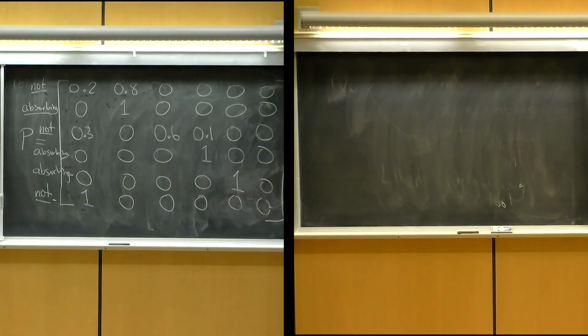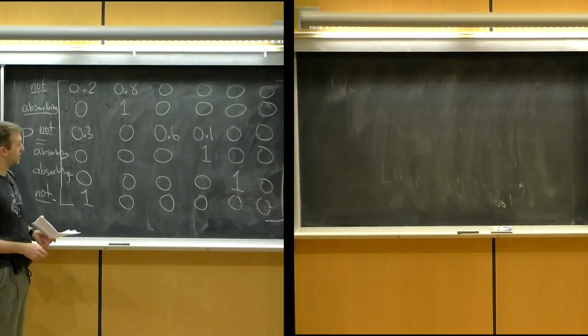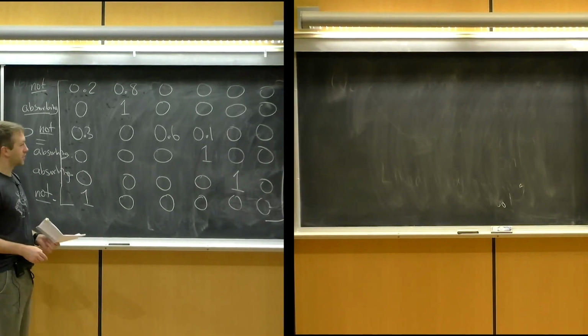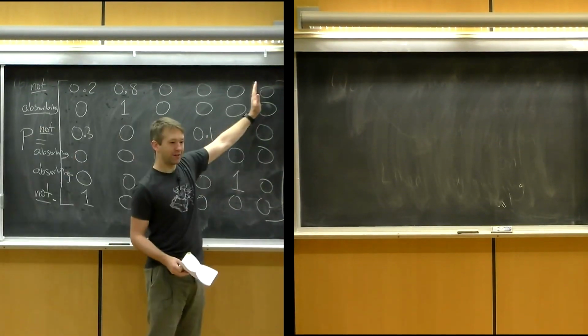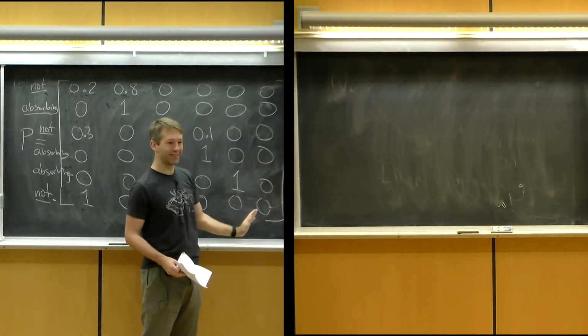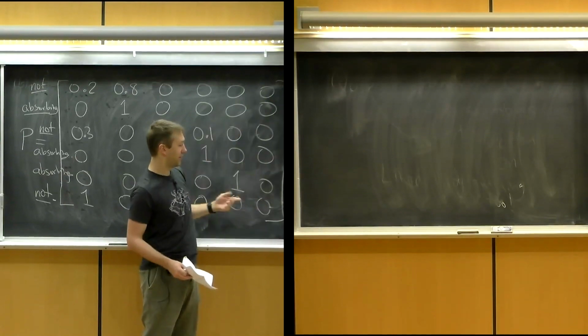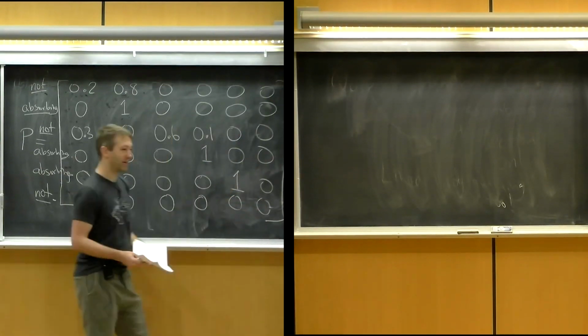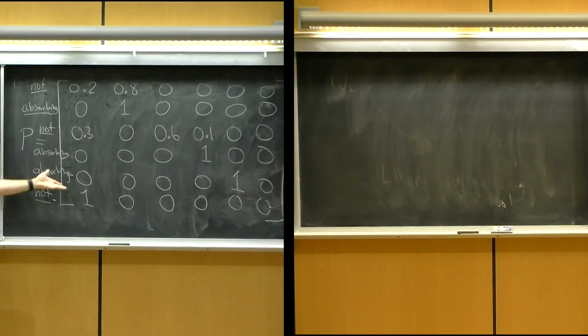Yeah? That's a good point. You're right, there's literally no way to get to state 6. If you look at this column, it's not going to get there. But still, in principle, this is still a Markov chain, even though it's a strange one. You could have started in state 6, so that's one way to get there. You might have just started there.